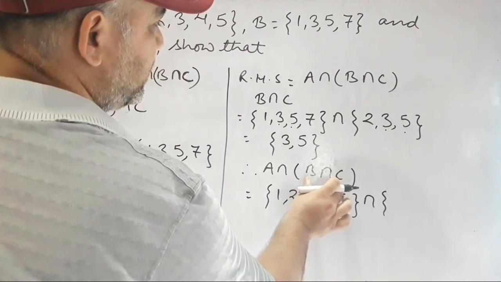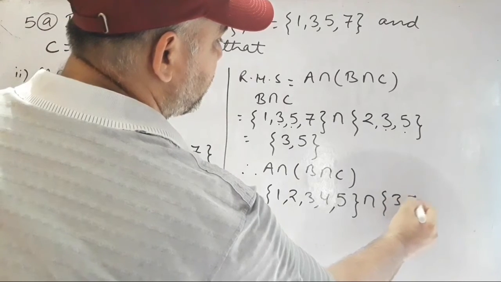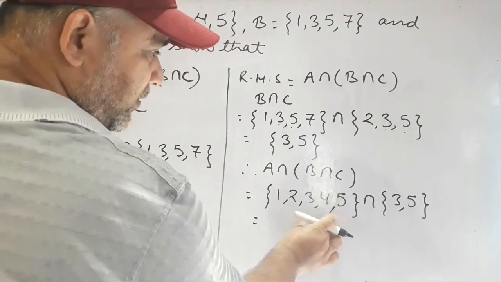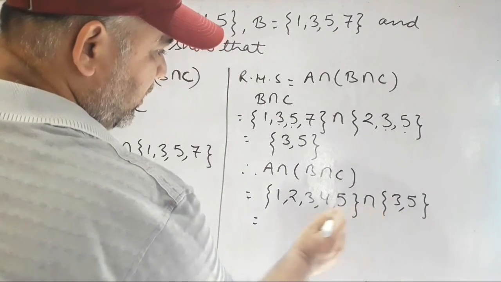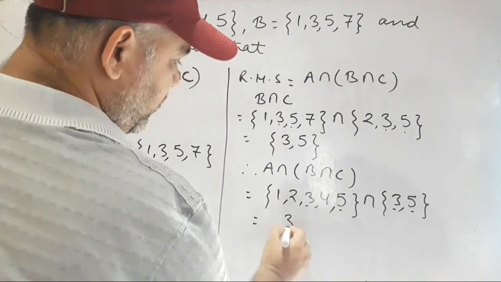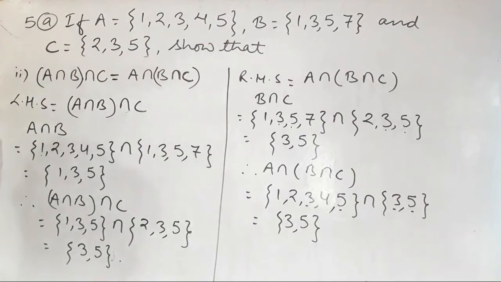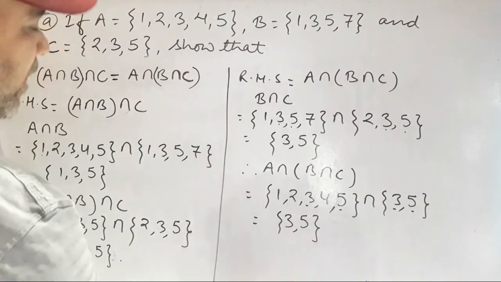The elements of B intersection C, we got 3 and 5. Let's write down the common elements of this set and this set. Since these two sets are intersecting with each other, the common elements are 3 and 5. We can see that here also we got 3 and 5.